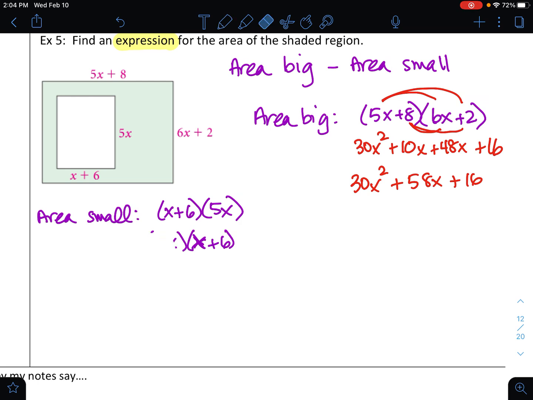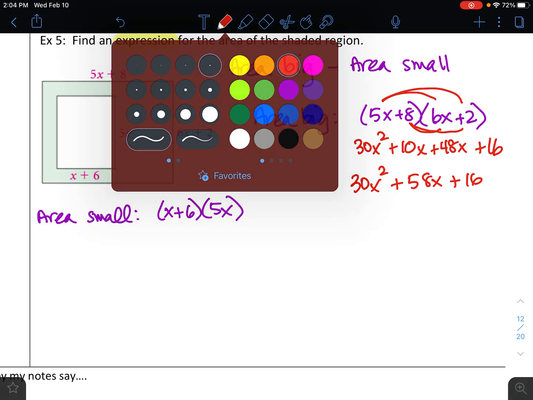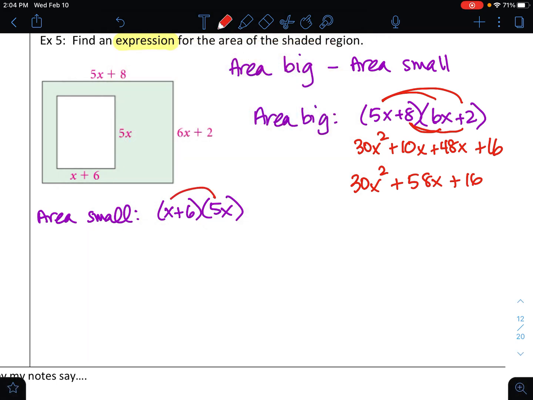So I'll just go back to what I wrote first, because I want you to be comfortable with seeing it different ways. So I'm just going to distribute. Or I could think about going 5x to x, 5x times 6. It doesn't really matter. So I end up with 5x squared. 6 and 5 is 30, and that'll be 30x.